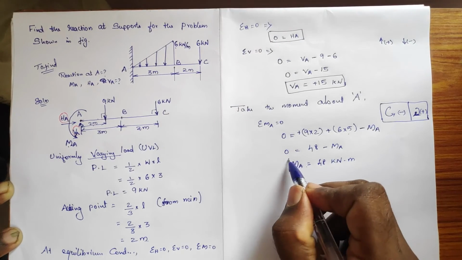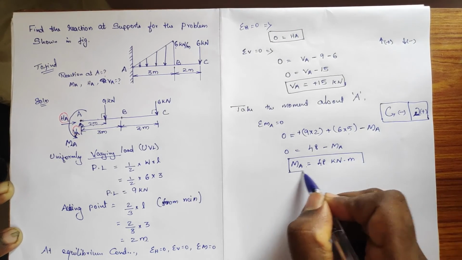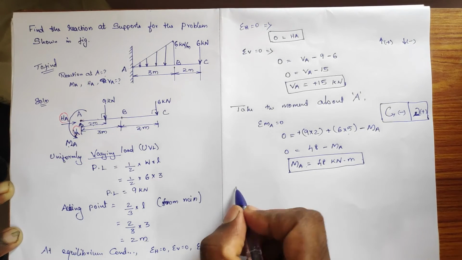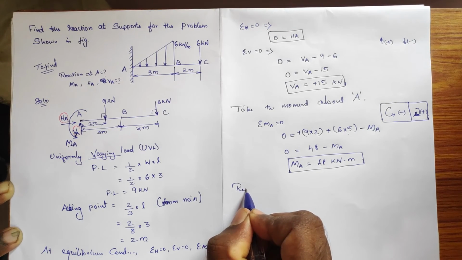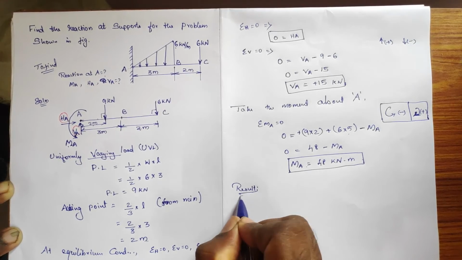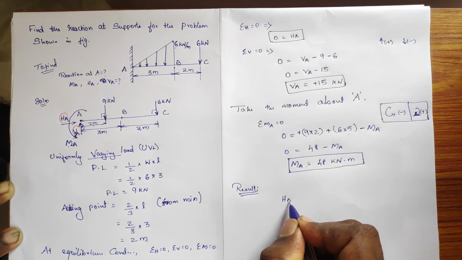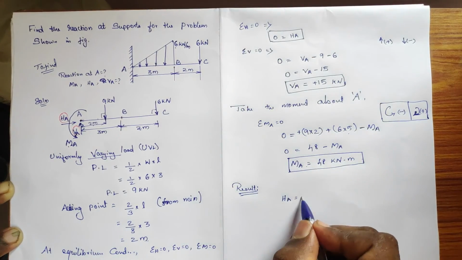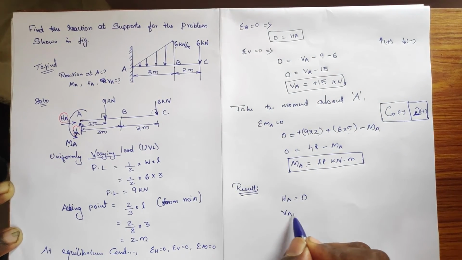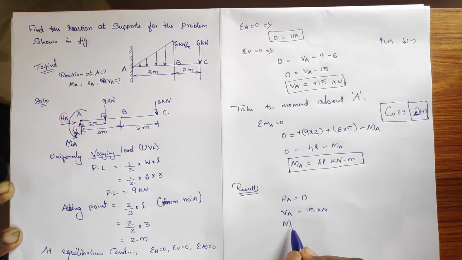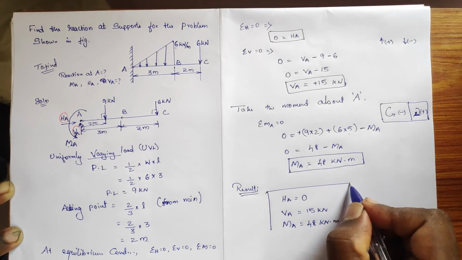Now the moment, vertical force and horizontal force have all been found, so we can take all the values as the result. Horizontal force at A is 0, vertical force at A is 15 kilonewton, and moment about A is 48 kilonewton meter. So this is the answer.